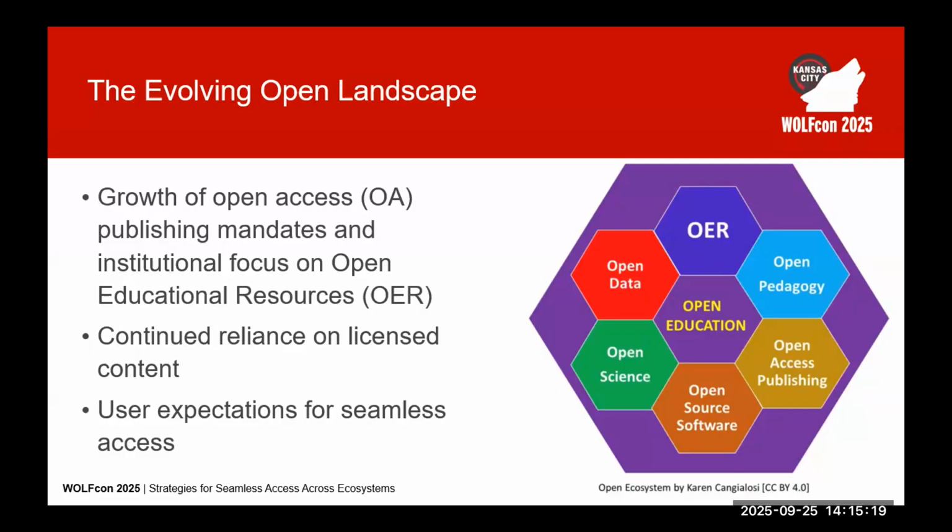As we transition from these more closed systems and architectures and business models, we're in a really interesting transitional space where we're moving towards more open ecosystems, but we still have to integrate and bring along the older ways of doing things, those commercial systems, those more closed areas.